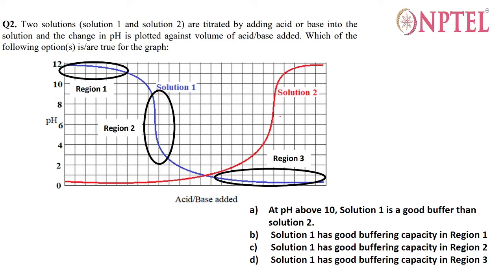So the next question is quite similar. The two solutions, solution 1 and 2, are titrated by adding acid or base into the solution. And the change in pH is plotted against the volume of acid or base added, right? So this is our plot. Which of the following options are true for the graph? These are our options.